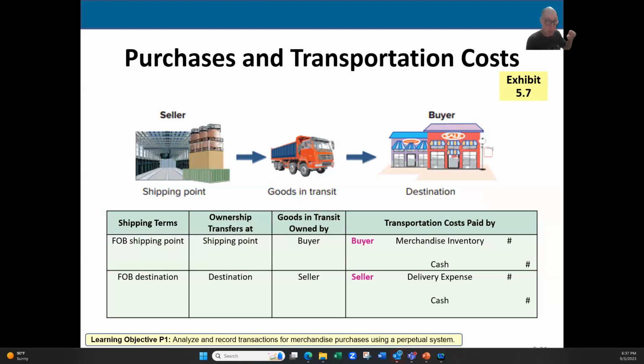So, what the distributor would have done is they would debit merchandise inventory to add to the cost of inventory to include shipping. You see? That's how that works. So, free on board shipping point, the buyer's responsible. The buyer increases the overall value of the inventory by the cost of the shipping, and they credit cash to pay the shipping company.